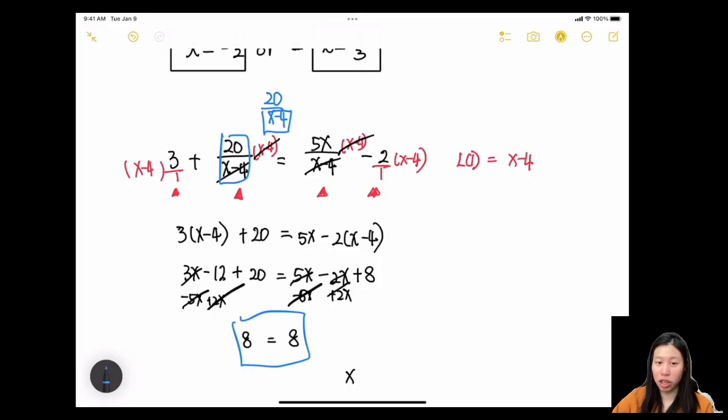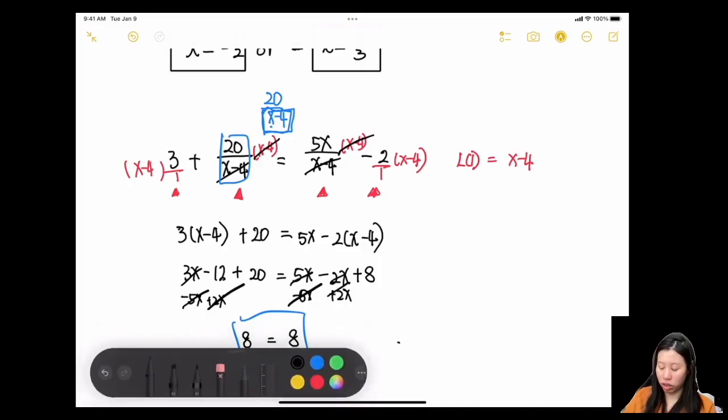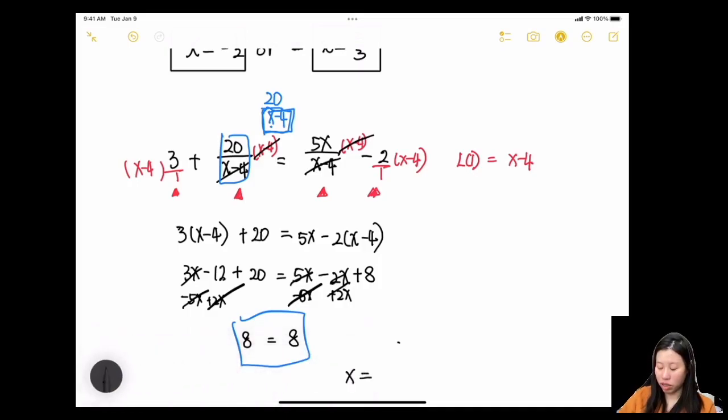But x cannot equal 4. Why is that? Because when x equals 4, the denominator from the original function is equal to 0. We know that in a rational expression, the denominator cannot equal 0. So that means x equals all the real numbers except for one number, which is 4.